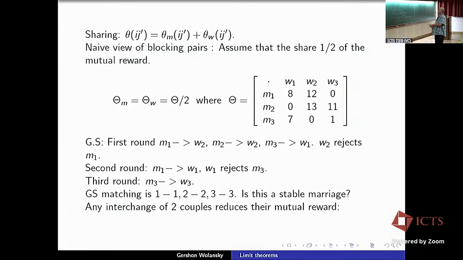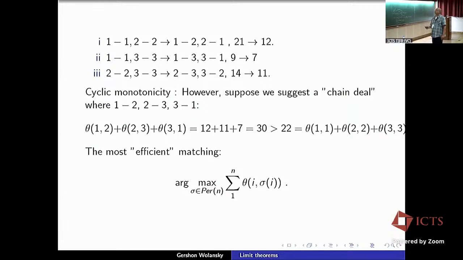In this case they will certainly get less, because they will get 12, while in the original matching they get 21, right? And you can see that for any exchange of couples, they will lose.